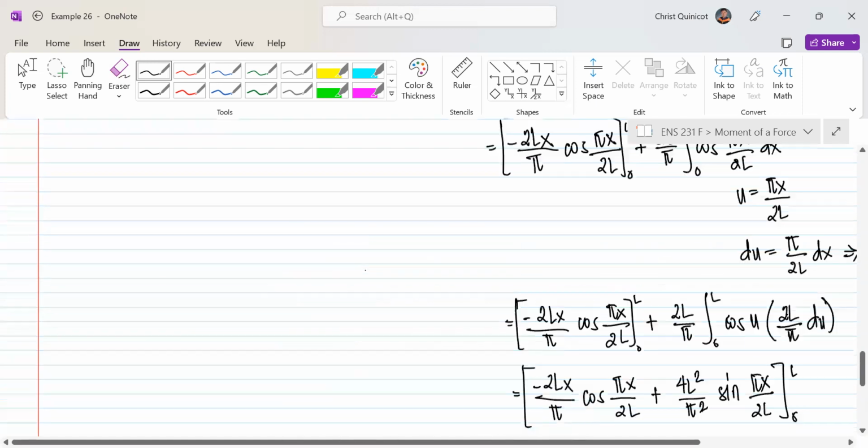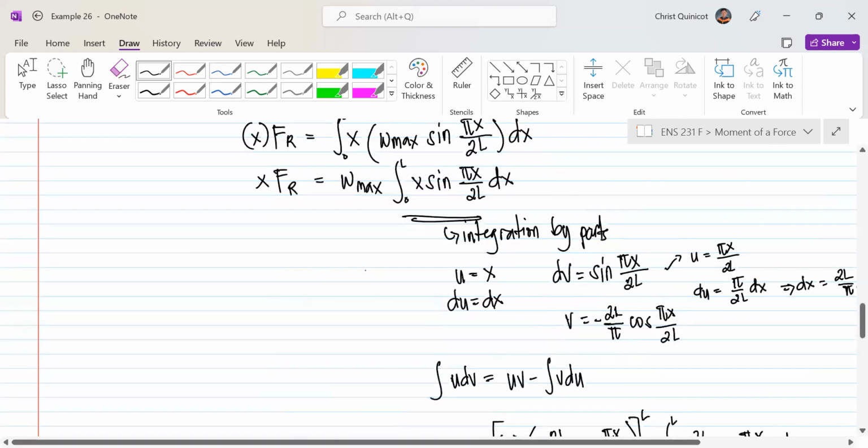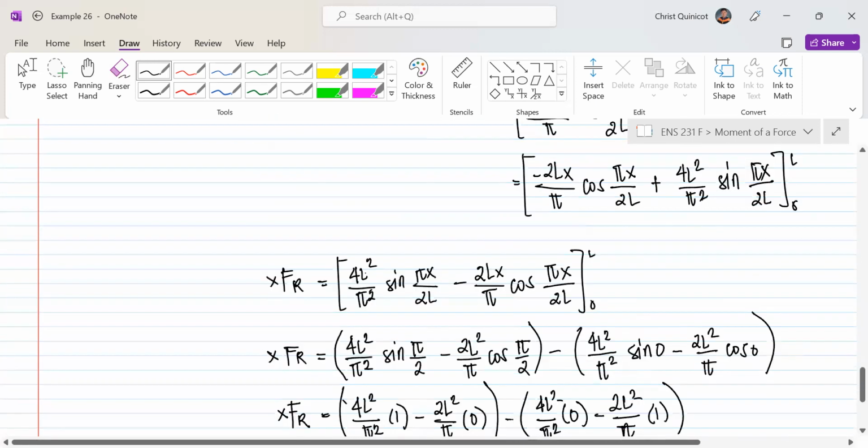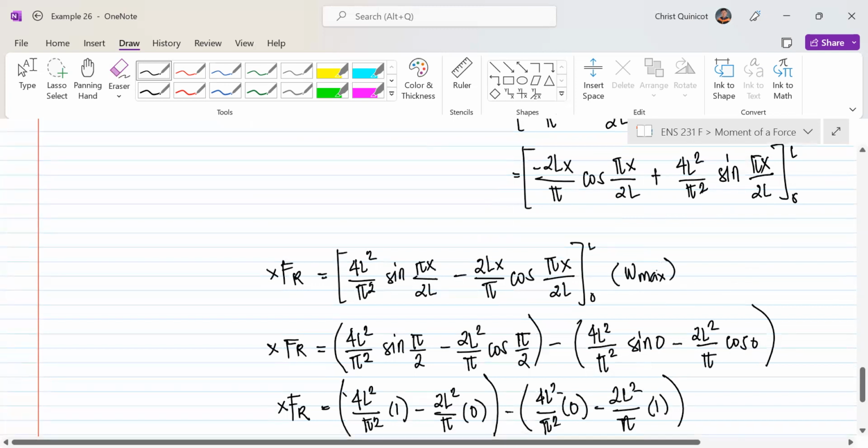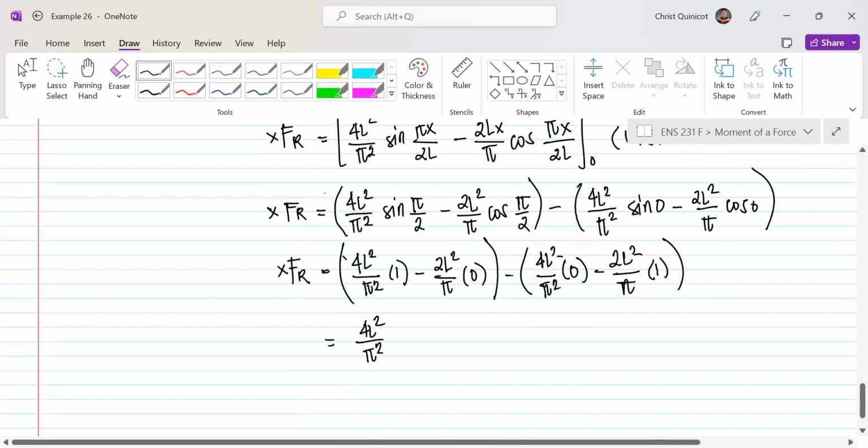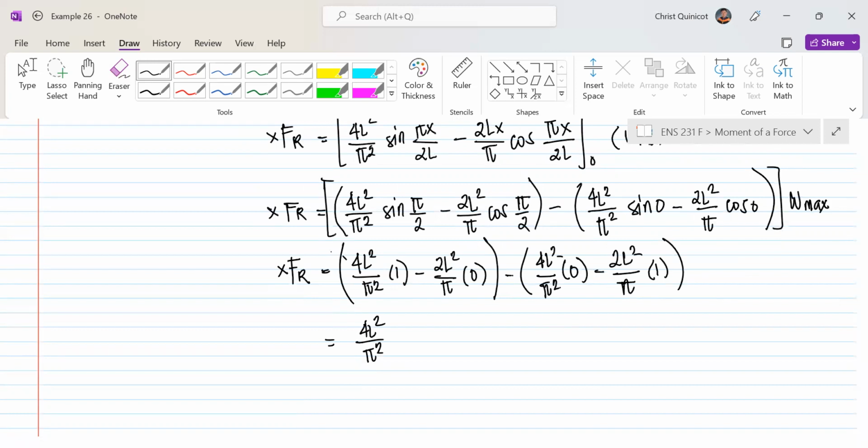Oops. But before I forget, we forgot W max, no? So let's just put W sub max here. And all of these are multiplied by W sub max. Okay, this one also is multiplied by W sub max.